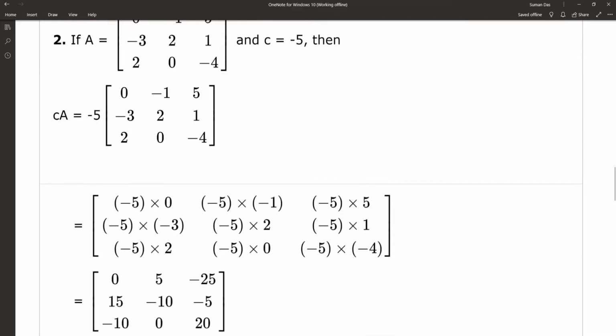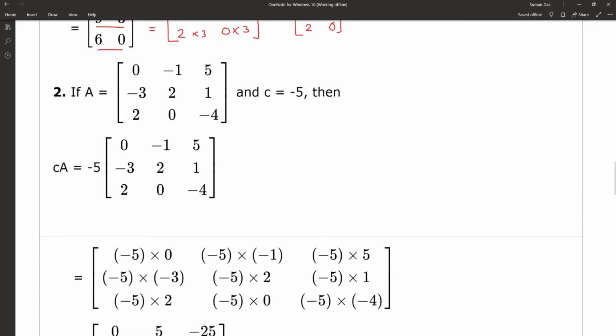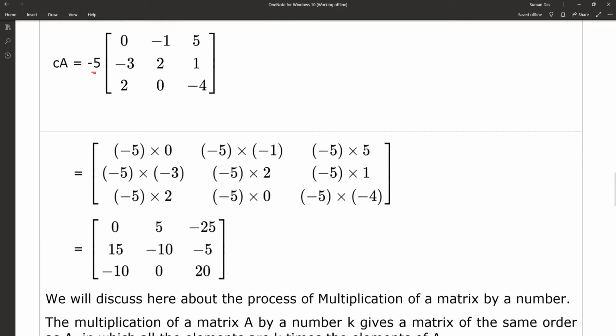Let's check the next example. That is a matrix of order 3 cross 3. So we get A is equal to [0 -1 5; -3 2 1; 2 0 -4], and we have the scalar, that is C is equal to minus 5. Then CA is equal to minus 5 into the matrix. Now that minus 5 must be multiplied with each and every element of the matrix.